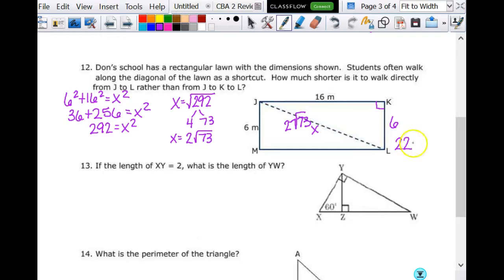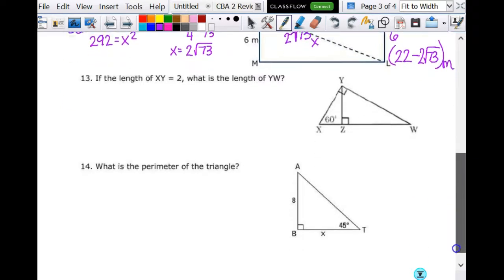And then I'm going to have to subtract from that 2 square root of 73 meters. I can't actually subtract those because there's a square root on it, so I put it in parentheses, meters. That's it. And of course, this is your exact answer. If you wanted to actually know what it was, then you would have to calculate the decimal, but we are not worried about that right now.